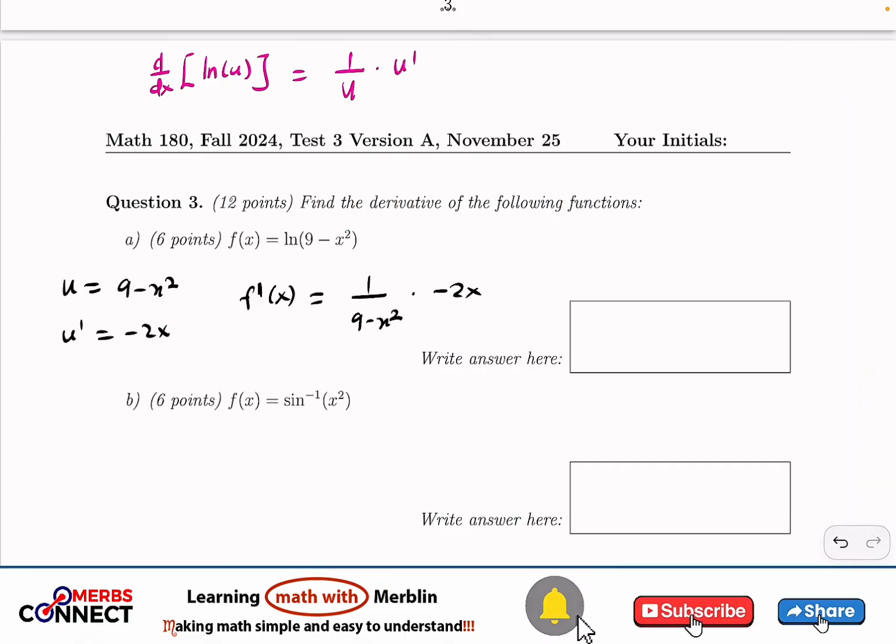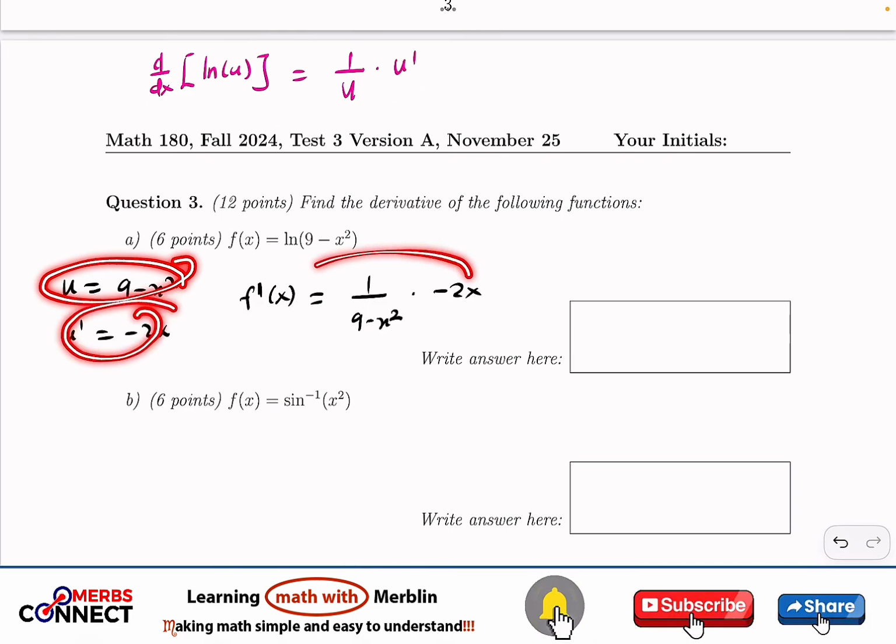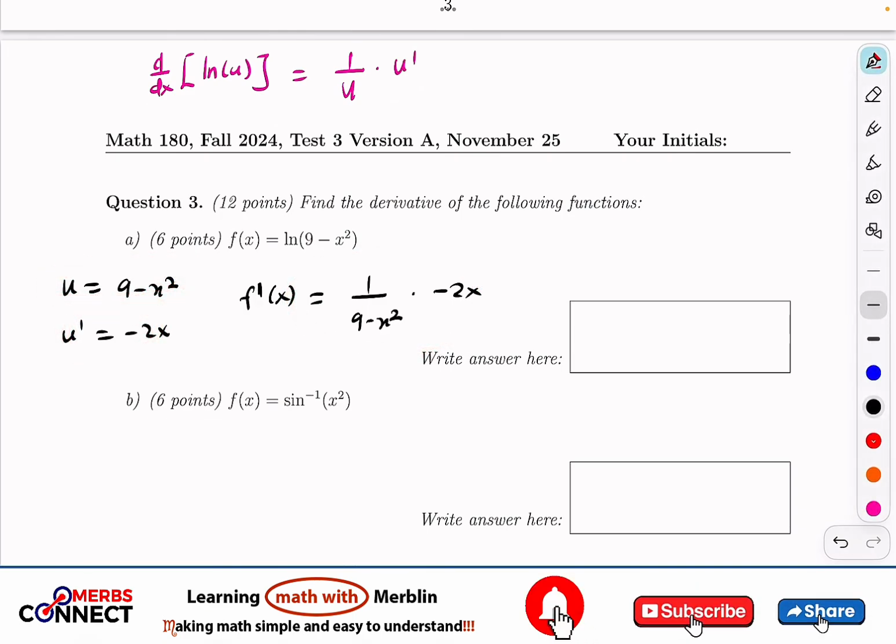So the way of differentiating a natural log function goes like this: 1 divided by what is inside the parenthesis times the derivative of what is inside the parenthesis. But if you cannot memorize this or have this in mind, then just remember this, and then always pick your u and u prime and just go through this. So it means that our answer is going to be minus 2x divided by 9 minus x squared. So that's what we are going to get from here.